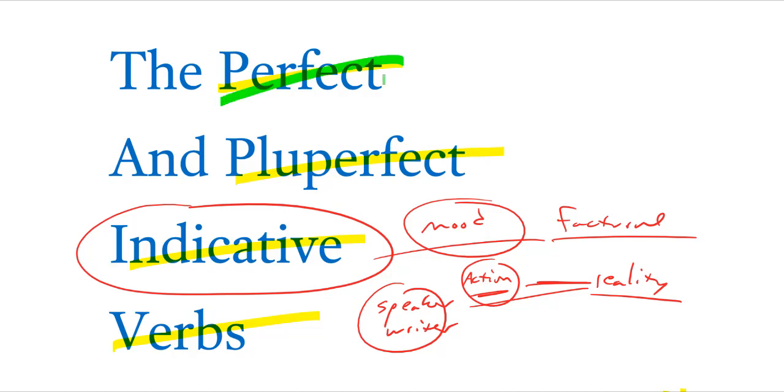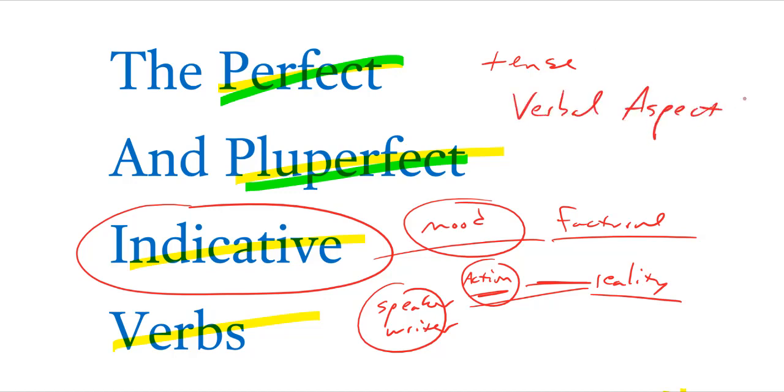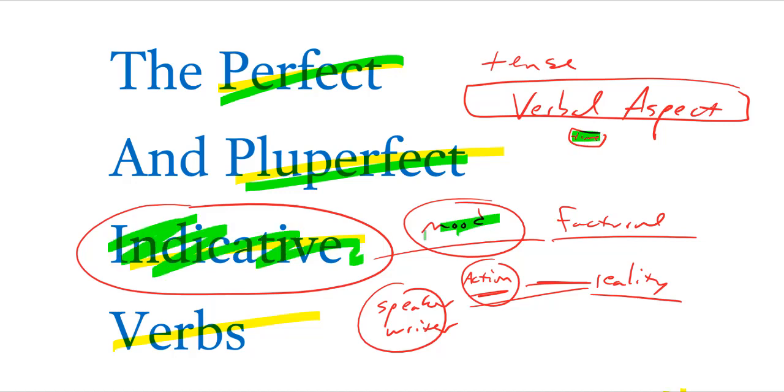What are we talking about with the perfect or pluperfect, with that term? Well, that term is the tense, right? And remember, in Greek, tense is made up of verbal aspect, right? That's the speaker's presentation of the action, and is made up of time. Time is very little. Now, time is objectively there still with the indicative mood.